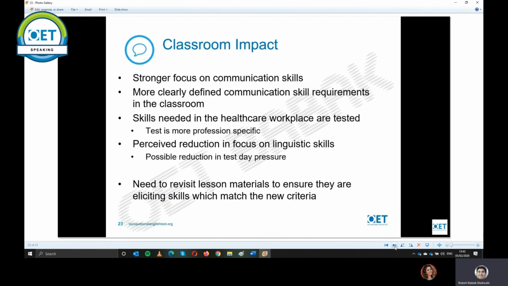All right. So there is a stronger focus on communication skills, and there are more clearly defined communication skill requirements. And the skills needed in the healthcare workplace are tested, and they are more profession specific. And there is a perceived reduction in focus on linguistic skills.